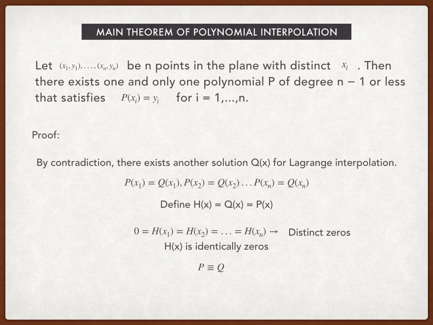Apparently, there are n distinct zeros, since p of x1 is the same as q of x1, etc. By fundamental theorem of algebra, a degree d polynomial can have at most d zeros, unless it is identically zero. Therefore, h is the identical zero polynomial and p is equivalent to q. Therefore, p of x is the unique solution.